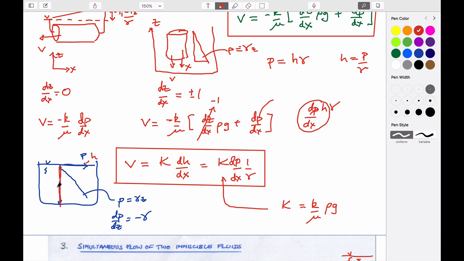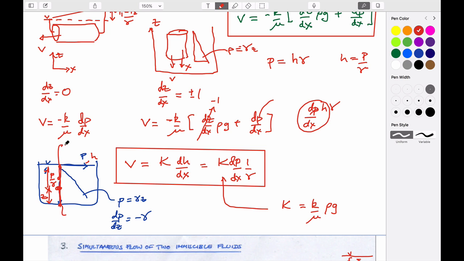Because if you take a portion here, then the head comprises a portion which is the elevation of that point relative to a datum, and a part which is the pressure divided by the unit weight. And if you move this little dot up or down, these proportions change, but they always sum up to the same value. And so I guess actually it would only be 0 if you took the datum here as being 0.